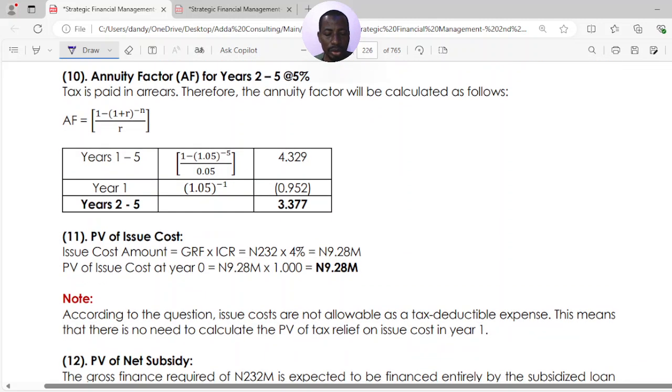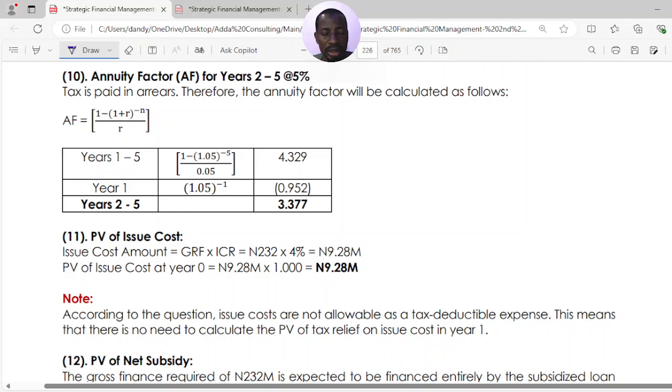Then I need to calculate the present value of issue cost. We have determined the gross finance required. We have ascertained that we want to use the normal borrowing rate of 5% to discount the cash flow arising from financing. Therefore, the next thing we want to do now is to calculate the present value of issue cost.